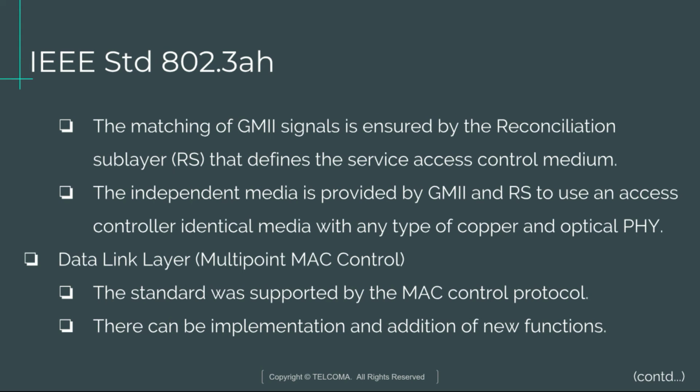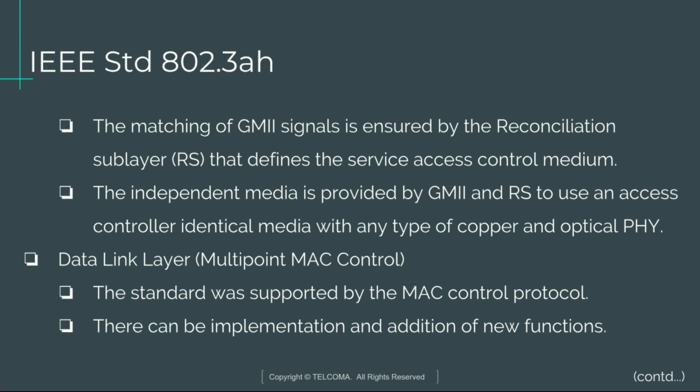The matching of GMII signals is ensured by the reconciliation sublayer that defines the service access control medium. Independent media is provided by GMII and RS to use an access controller with identical media with any type of copper and optical PHY.